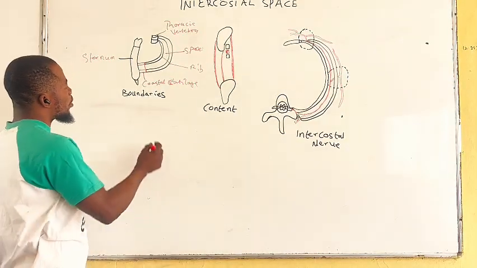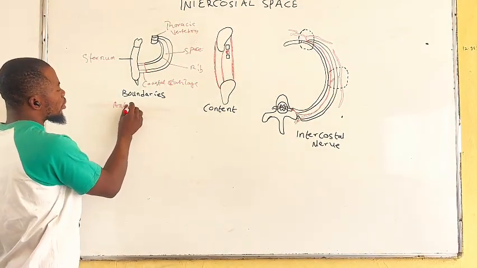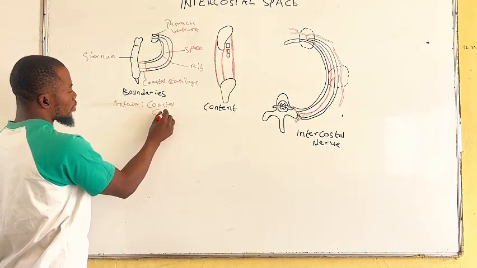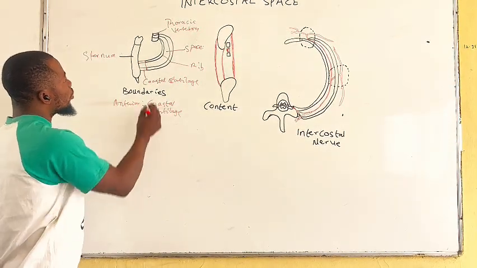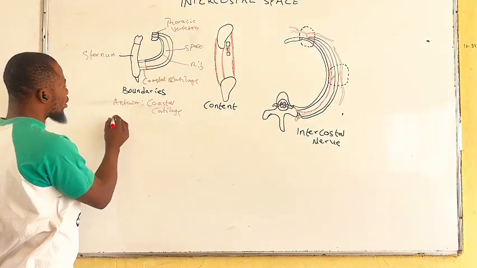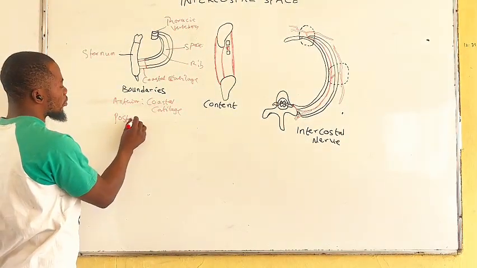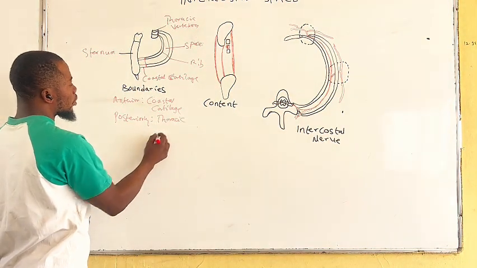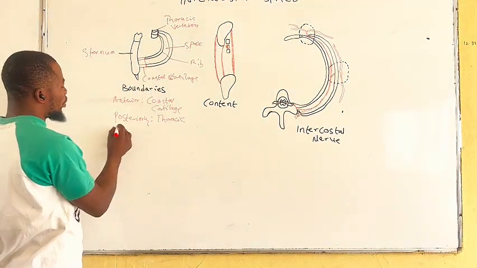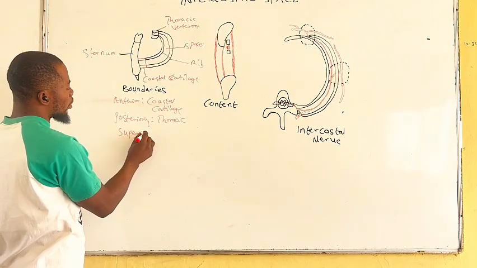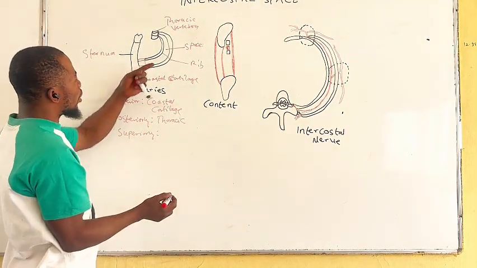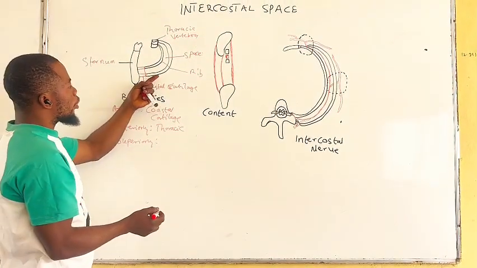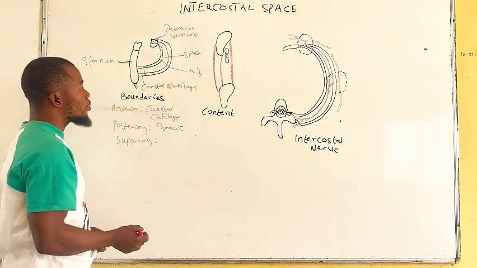It is bounded posteriorly by the thoracic vertebra, bounded superiorly by the lower border of the rib above, and bounded inferiorly by the upper border of the rib below.